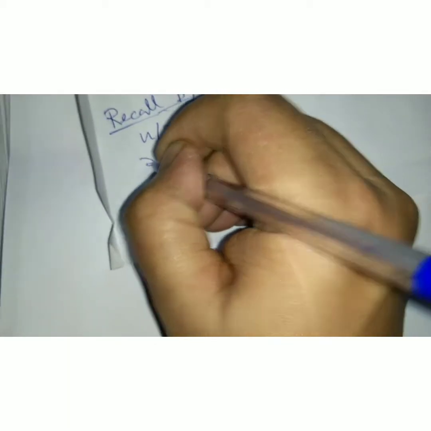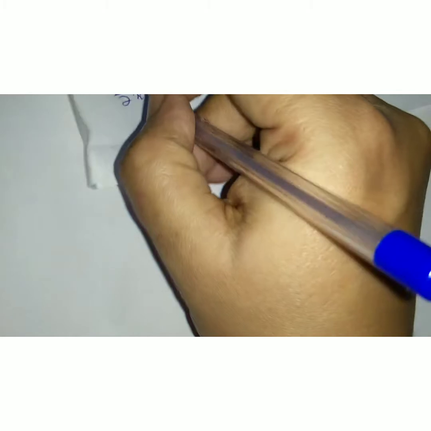Now I will differentiate with respect to x. Del u by del x, we get p into (c1 times minus sin px plus c2 cos px) e to the power minus c square p square t.